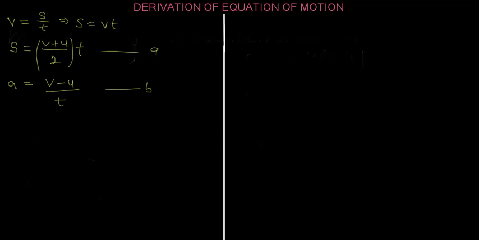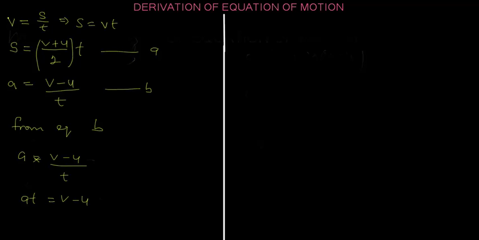Now, for us to get our first equation of motion, all we need is equation B. So equation B is a is equal to v minus u over t. Now, if you want to do this, you cross multiply. So we have at is equal to v minus u.